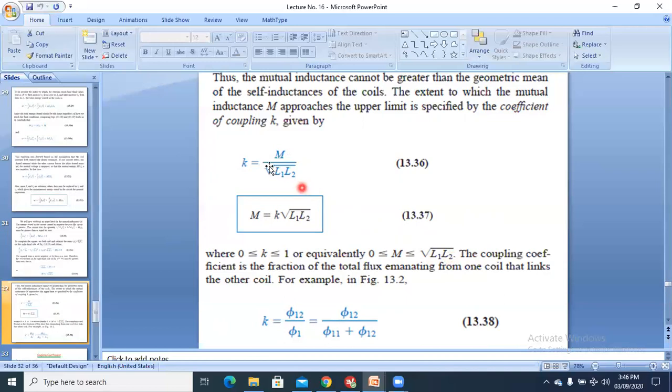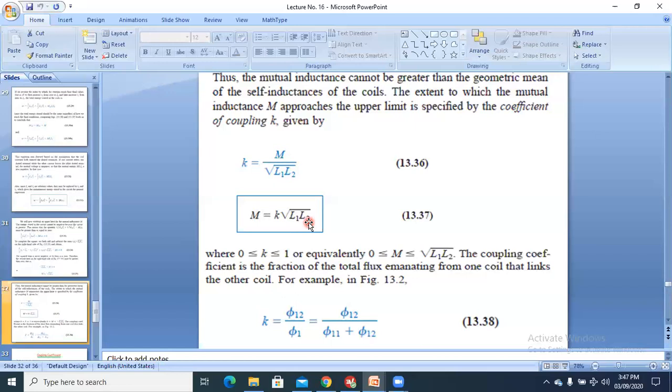Also, we can write this relationship of mutual inductance if we know the value of the coupling coefficient, which is between 0 and 1. So we can calculate the mutual inductance as K times the geometric mean of the self-inductance of the two coils.